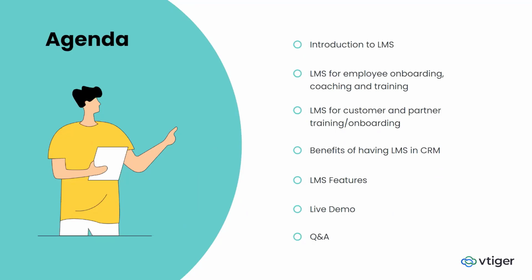And finally, I'll be breaking down all of the LMS features before passing the webinar over to Matthew for a live demo. Matthew is then going to show you what a published LMS looks like before breaking down the entire process of implementing and using the LMS feature in Vtiger. And then lastly, we're going to wrap up the webinar with a 15-minute Q&A session where you can ask any questions you may have about the LMS feature.